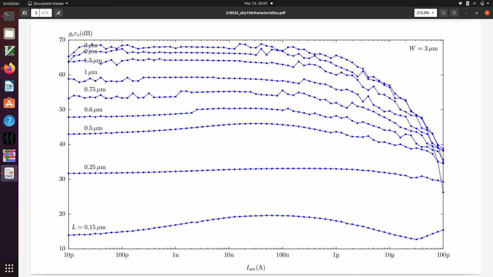On the previous slide we went up to 6 microns. Here we're going up to 3. And whereas with the NMOS transistors at 6 microns we were only down at 50 dBs, here at half that length we're almost up to 70 dBs of intrinsic gain with the PMOS transistors.